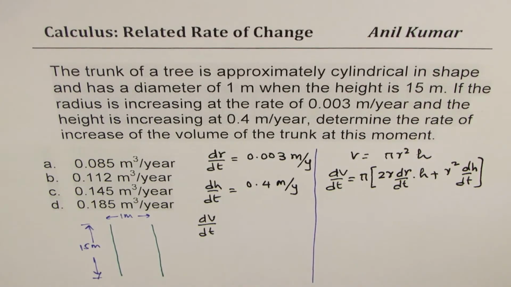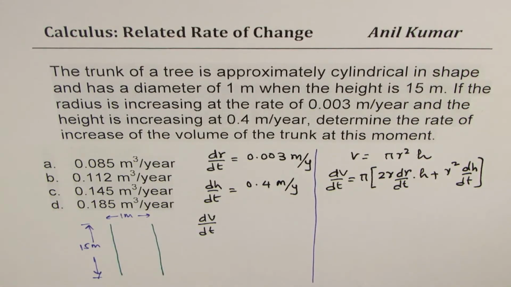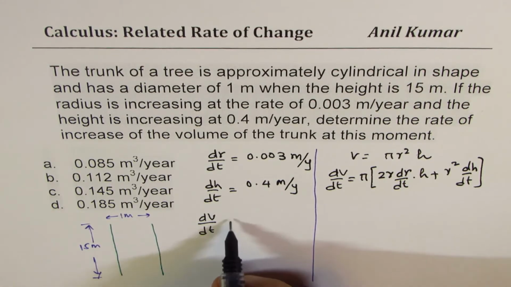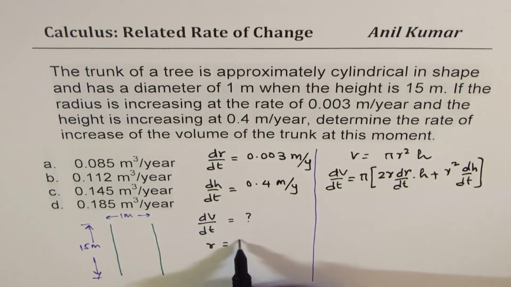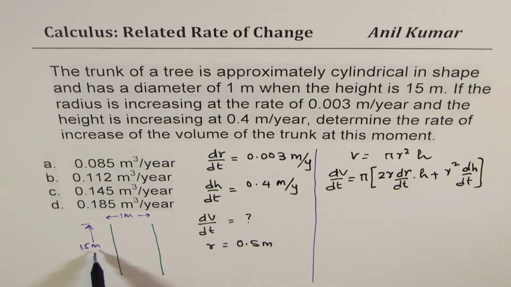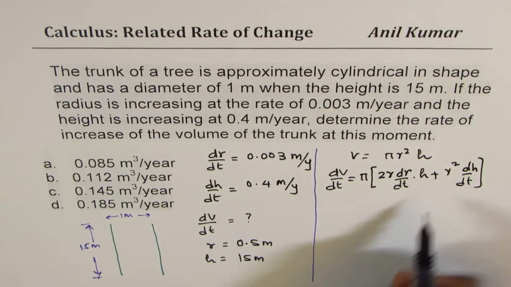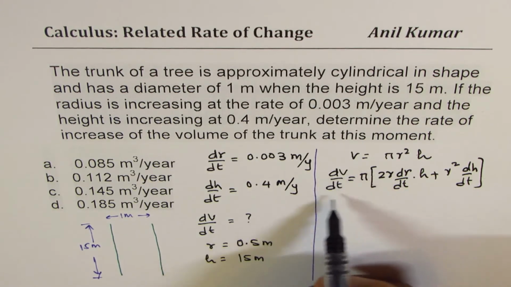So that becomes our equation. Is it okay? Now what is radius? The radius is given to us as 0.5 meters, correct? And height is 15 meters. We can substitute all these values now and find the rate at which volume is changing, correct?